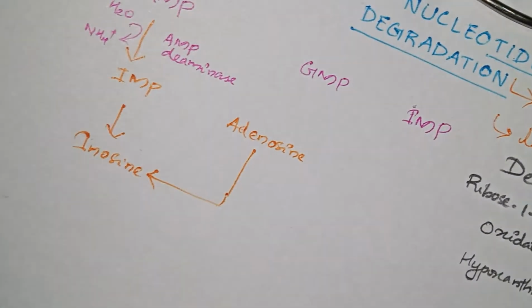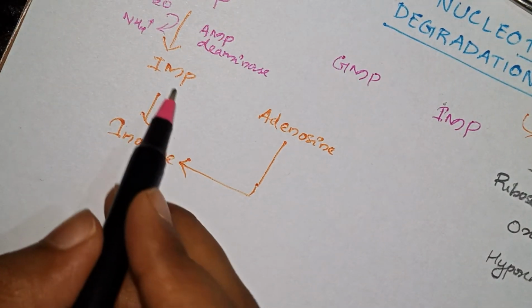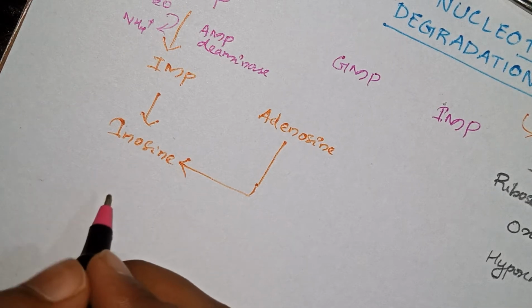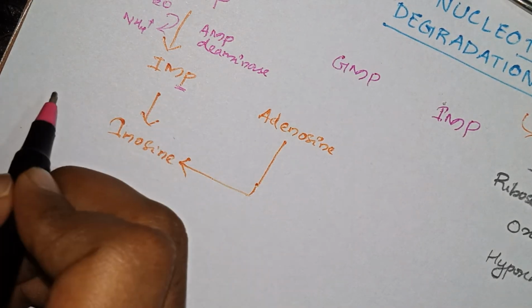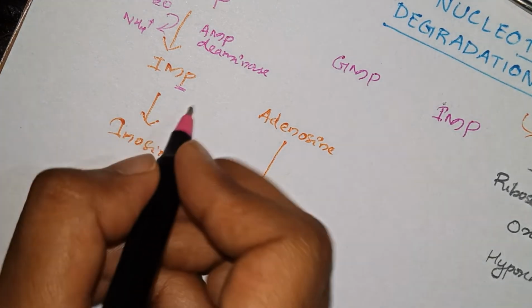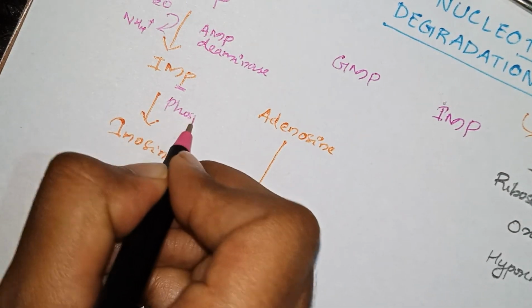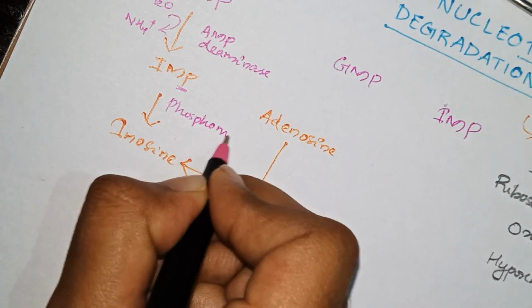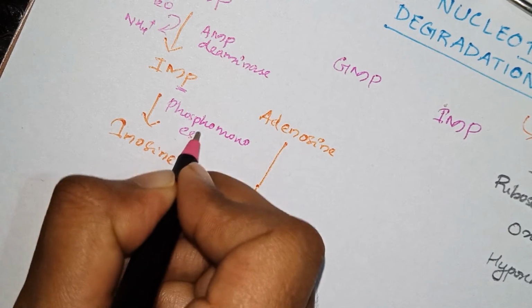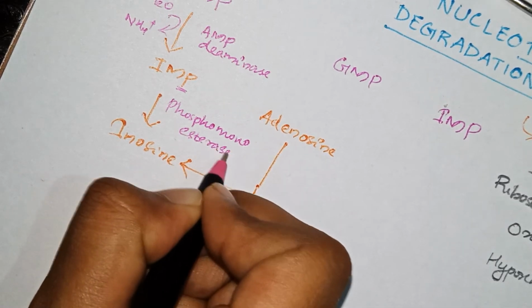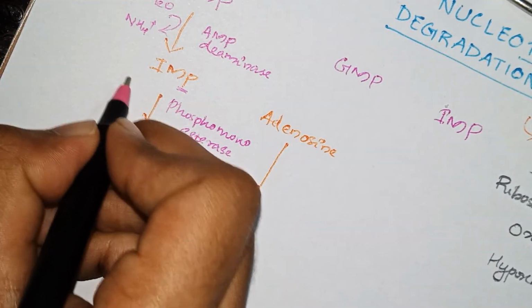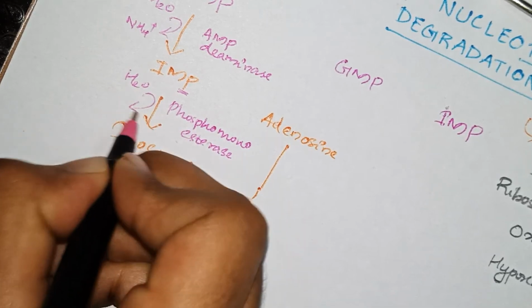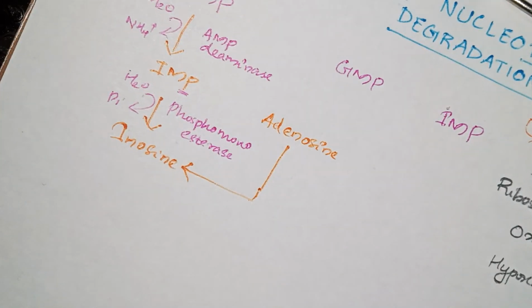Okay, now inosine monophosphate is converted into inosine by removing this phosphate. So the enzyme is phosphomonoesterase, so that we will remove one inorganic phosphate.